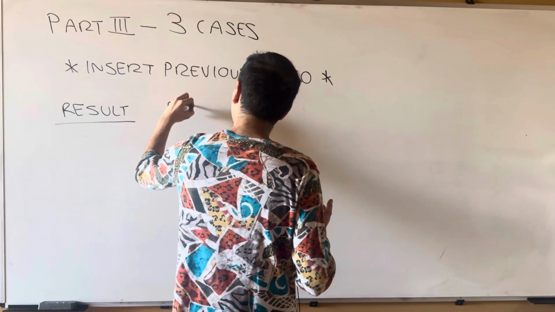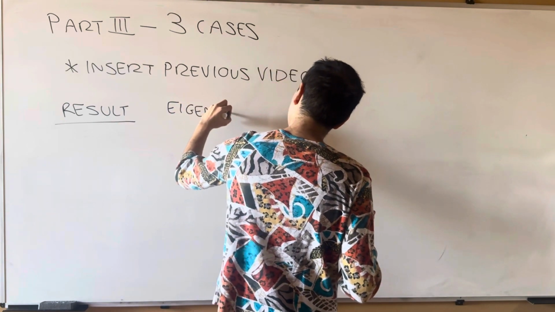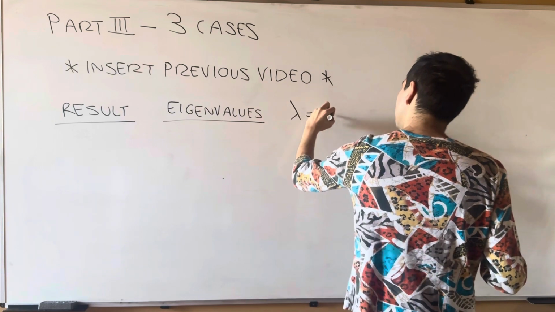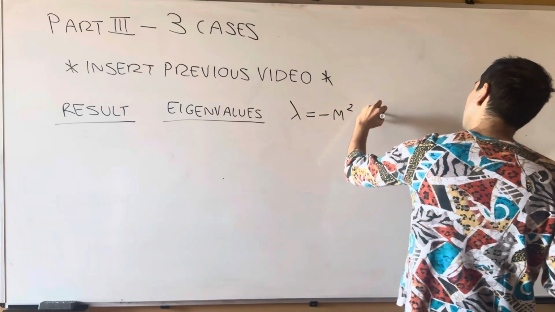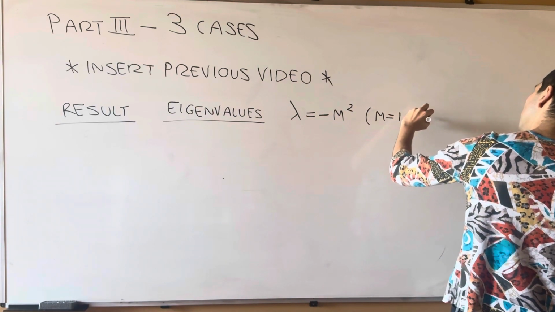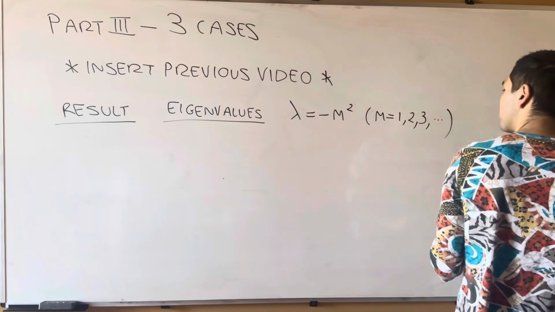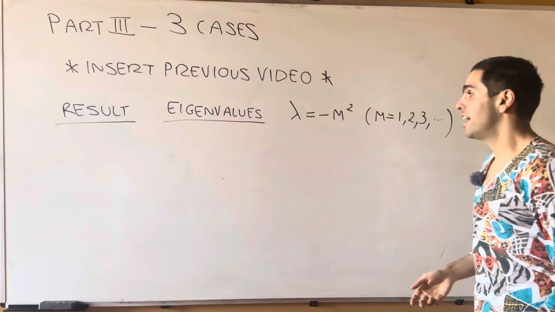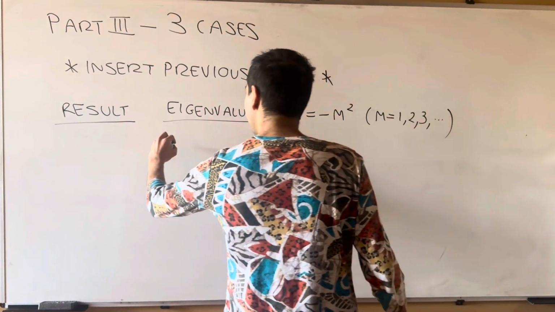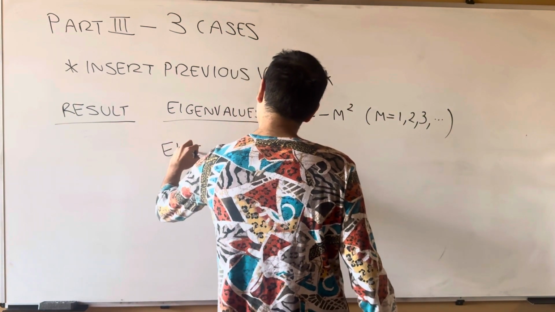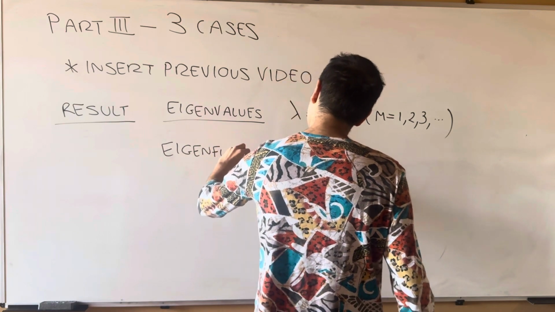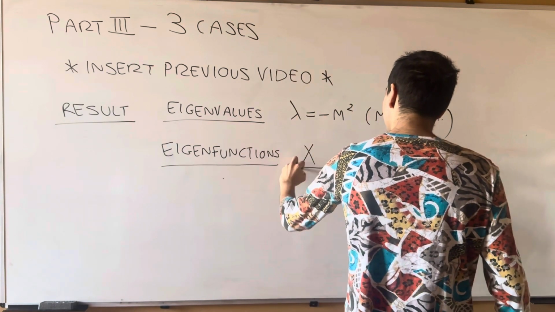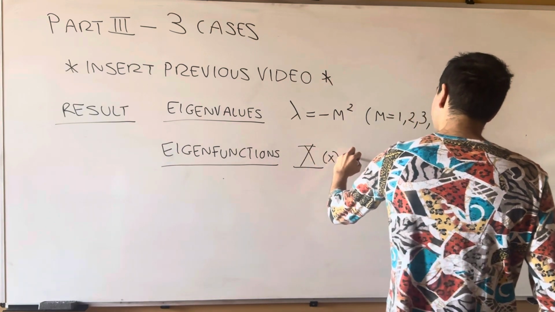So the eigenvalues are lambda equals minus m squared, where m goes from 1, 2, 3, so minus 1, minus 4, minus 9, etc. And the eigenfunctions: x of x is just sine of mx.